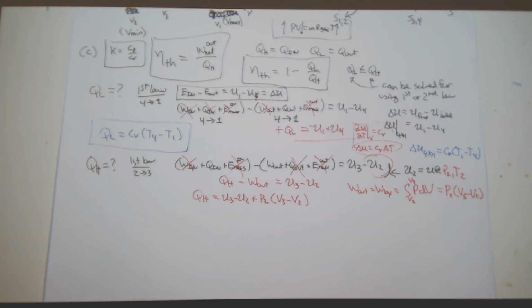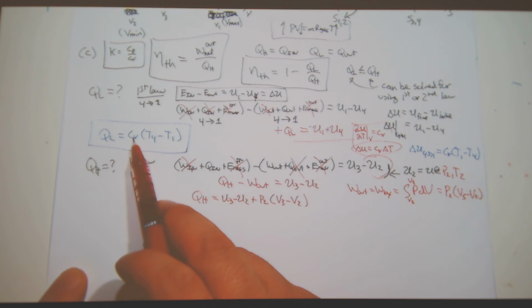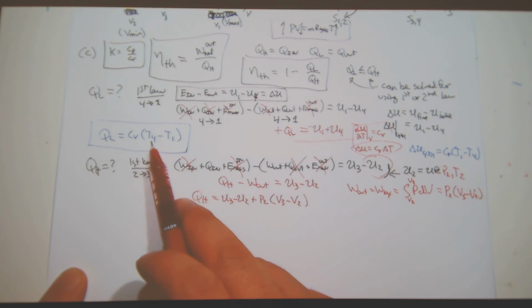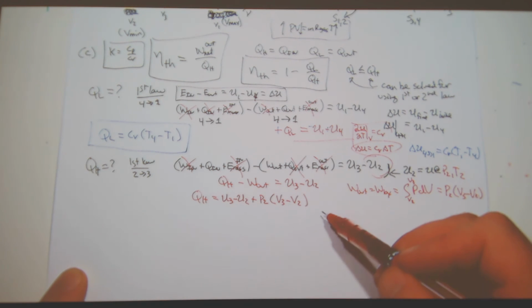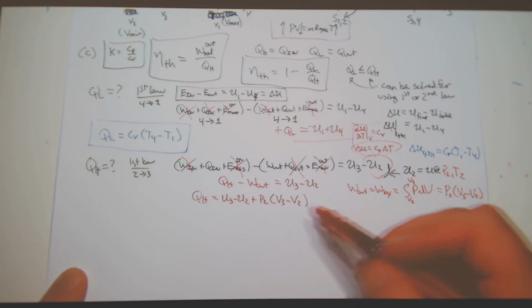And it seems like we haven't got very far because I want things in terms of T1, T2, T3, T4, and the specific heat ratio. Now granted, I have QL in terms of specific heat and temperatures. I need to get this in terms of CP, K, CV, whatever.